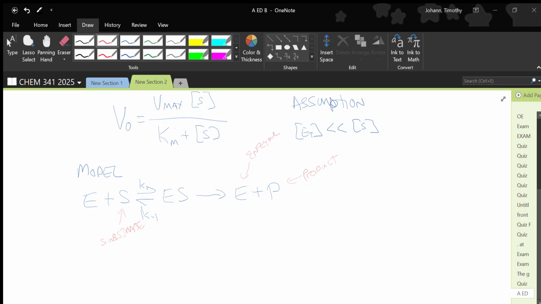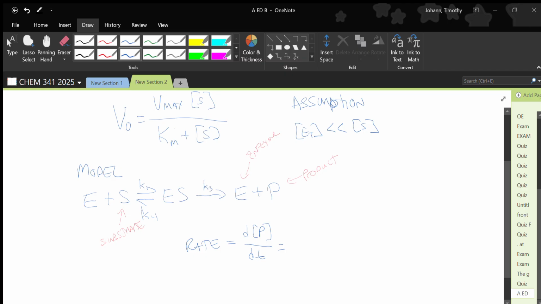All right. But if we have this model, then we can say that the rate of product formation, or the rate of reaction, is equal to the change in product over change in time, right? And how would I express that? Oh, forgot one thing you'll need. That's a hint.